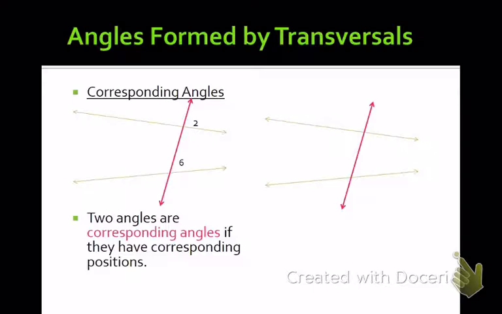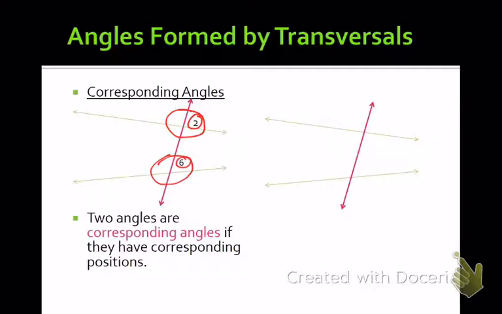Number one, I kind of like to think of these as Foursquare courts, if you've ever played Foursquare. Corresponding angles are the 2 angles that are in the same position in the Foursquare courts, right? So in the top right court is angle 2 up here. In the top right court of this other set is angle 6.